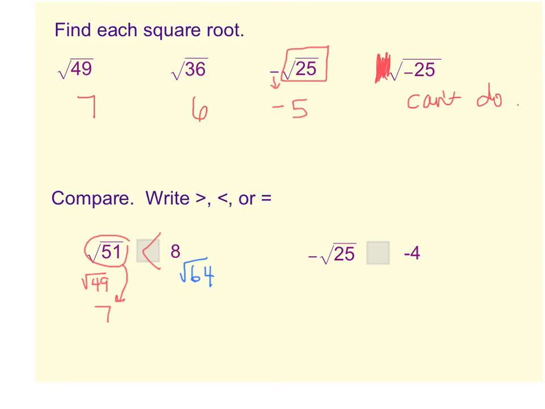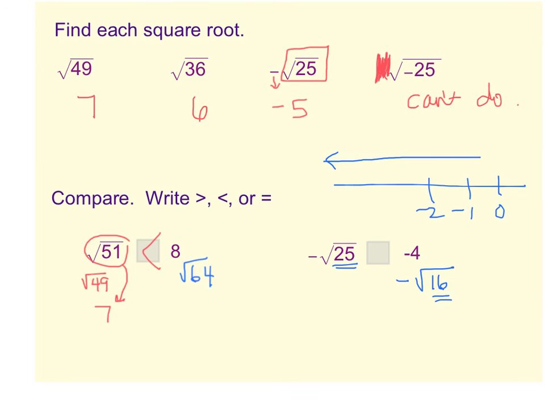On this last one, a negative 4, I could think of that as a negative square root of 16, because the square root of 16 equals 4. Now, because they're negative, you want to remember on a number line, here's 0, all these negative numbers over here get smaller the further away you get. So even though 25 is bigger than 16, because they're negative, it's actually going to be smaller.